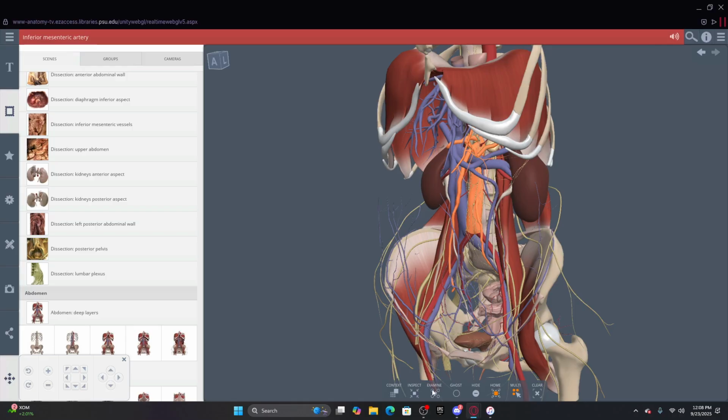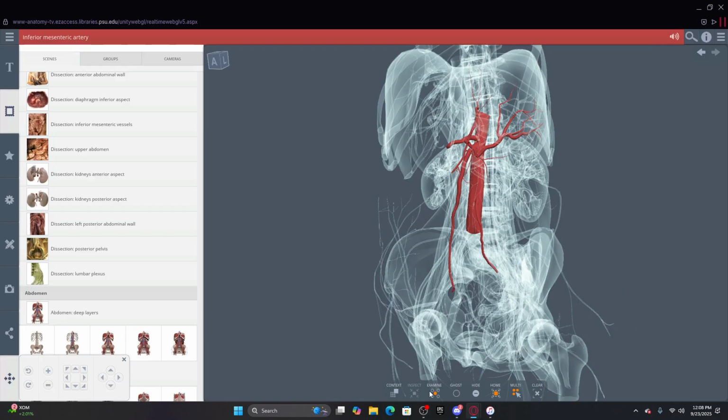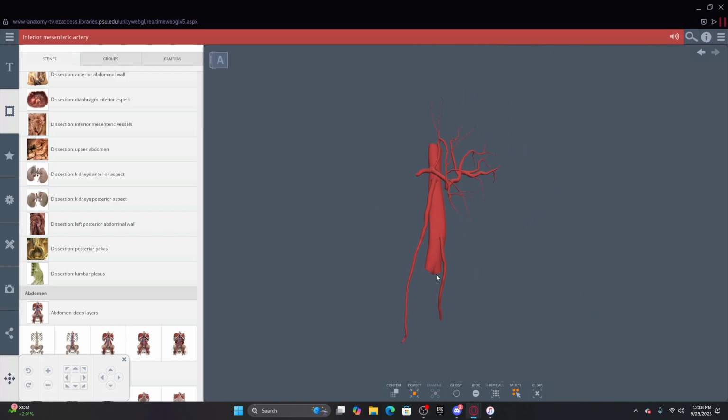So I just want us to go and examine here, inspect actually, and you can see how the C is the most superior branch, whereas the inferior one is the most inferior, and that makes sense because inferior mesenteric artery is going to the mesenteries of the digestional tract. All right, so you know in anatomy, these names directly tell or represent what they're either functioning to do or what they're nearby.